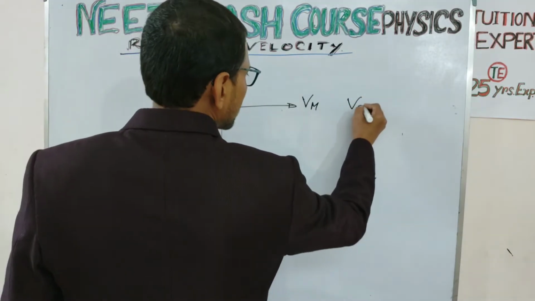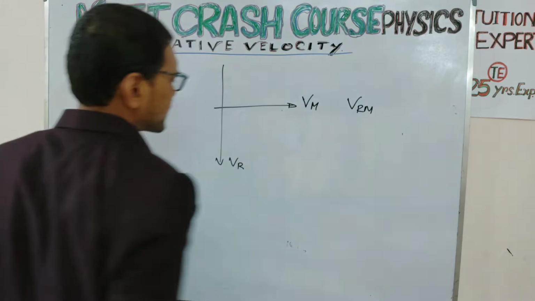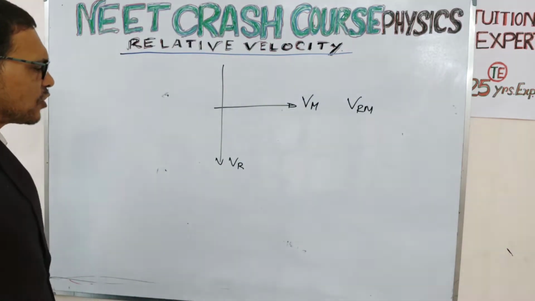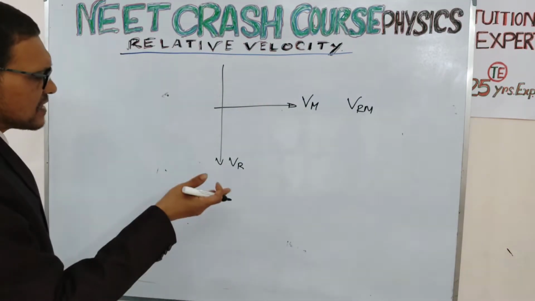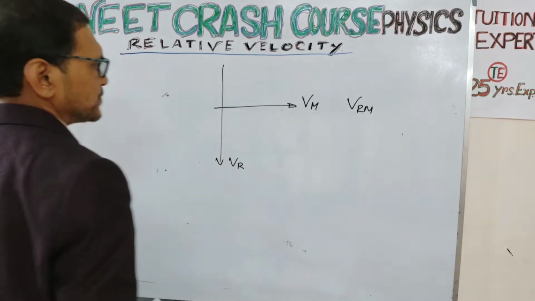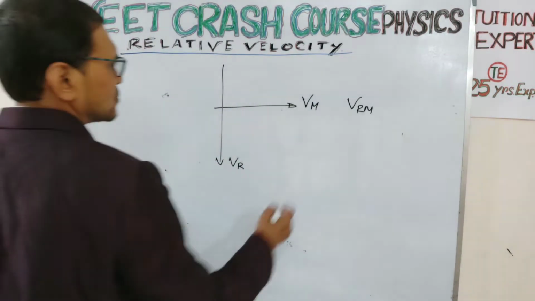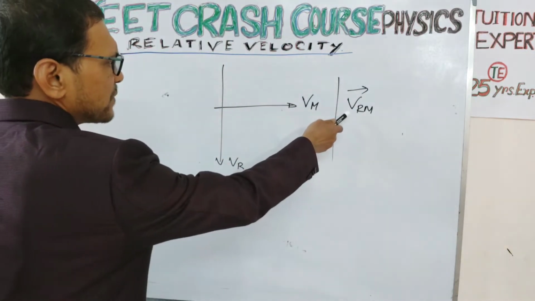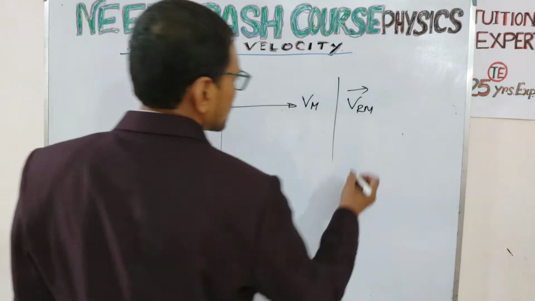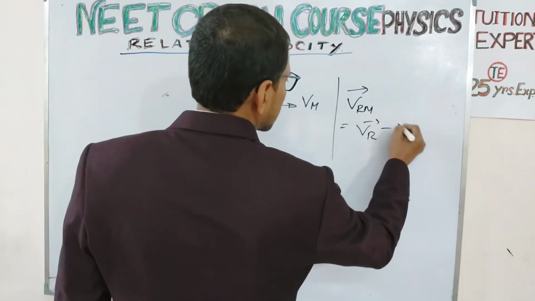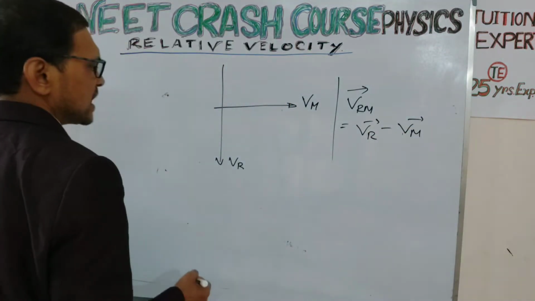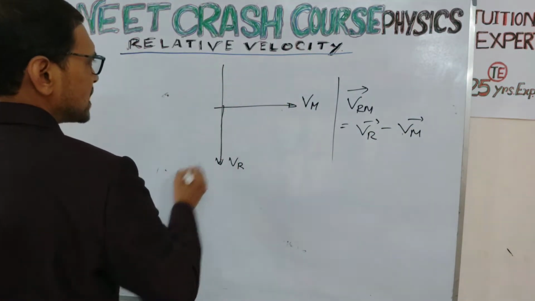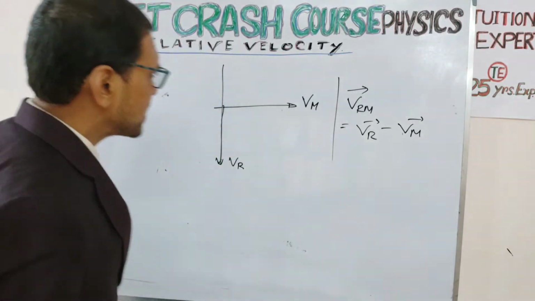What is the velocity of rain with respect to the man, or from which direction does the rain come? To calculate VRM, that is, the velocity of rain as observed by the man, VRM equals VR minus VM.